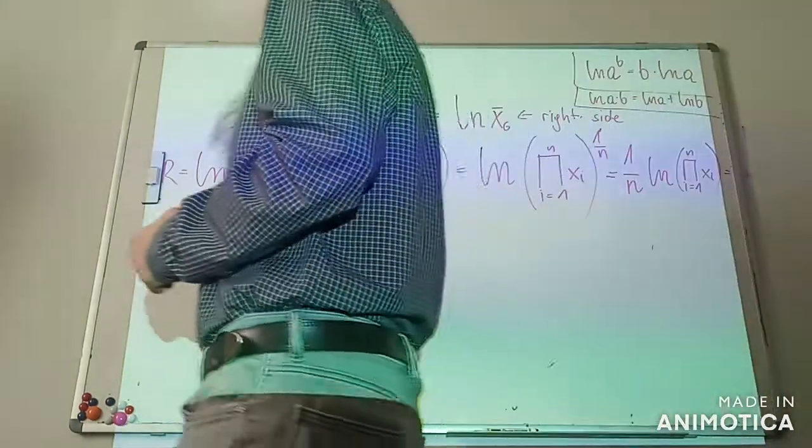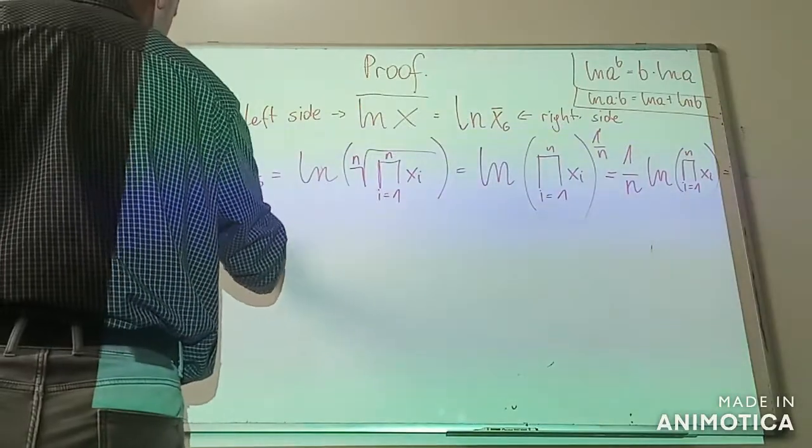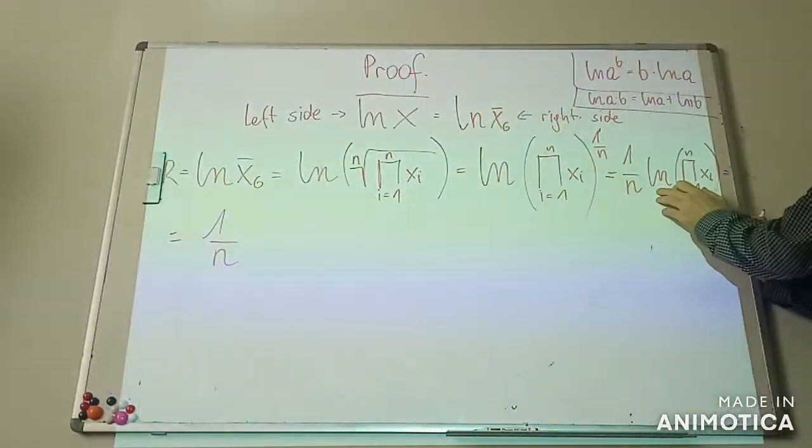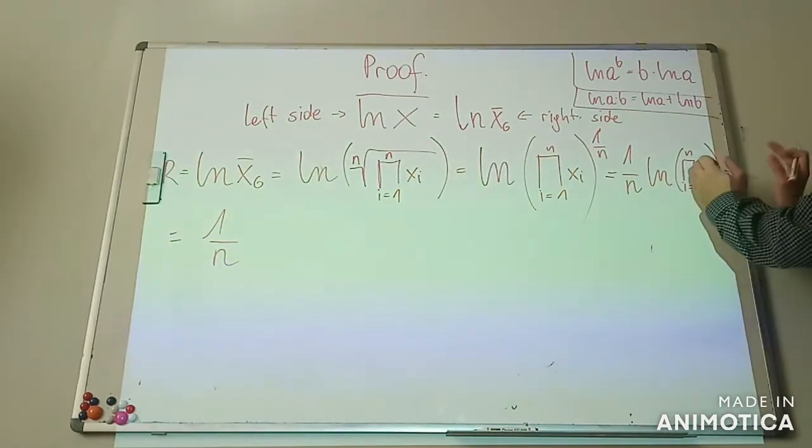So here we have 1 over n, and the logarithm of the product.